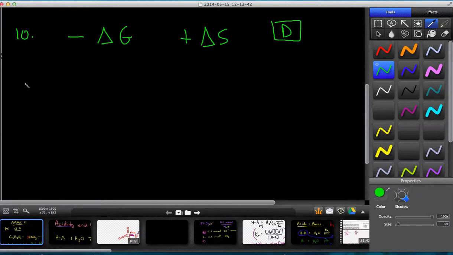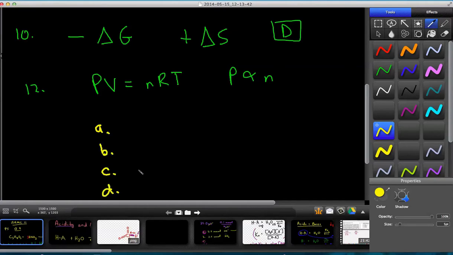And then number 12. 12 is a good question because we want to know what's going to maximize the pressure. So if we look at the ideal gas law, PV equals nRT. Pressure is directly proportional to the number of moles. And if we look at our answer choices, we're going to have the same mass of each of these substances. So we have CO2, H2O, N2, O2.